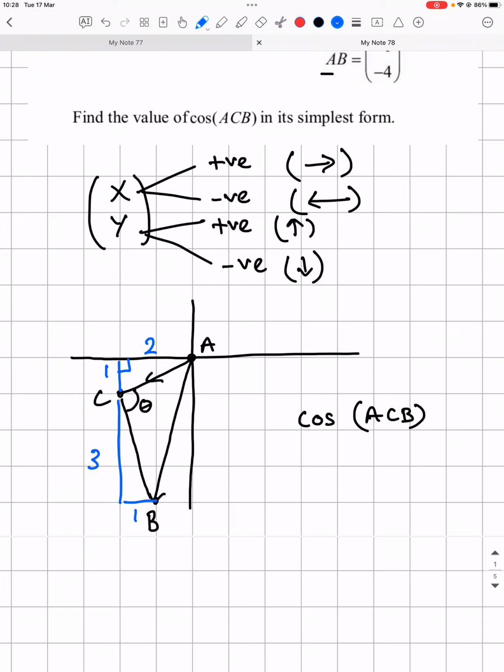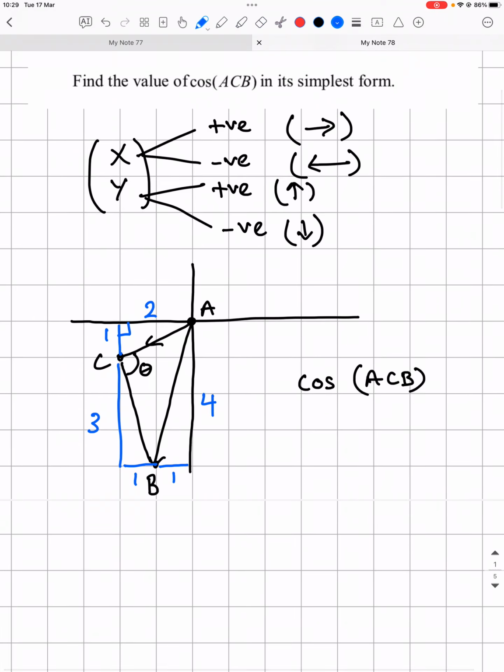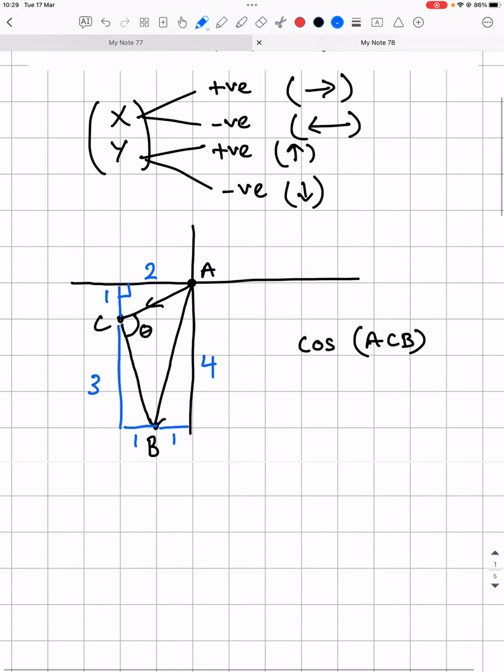And again, A to B would also be a right angle triangle where the base would be 1 and the height would be 4. So now that I have that, I should work out A to C, C to B, and A to B.